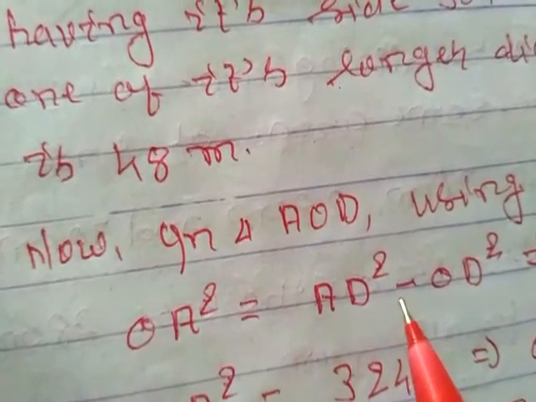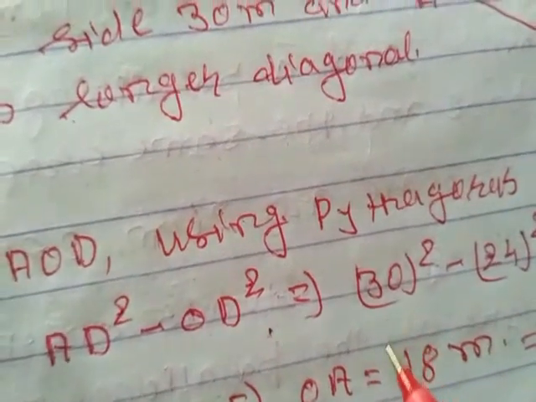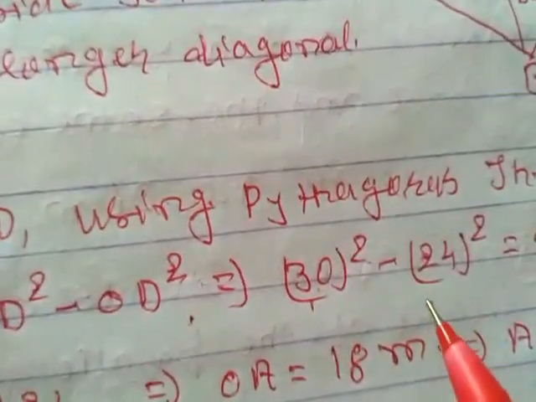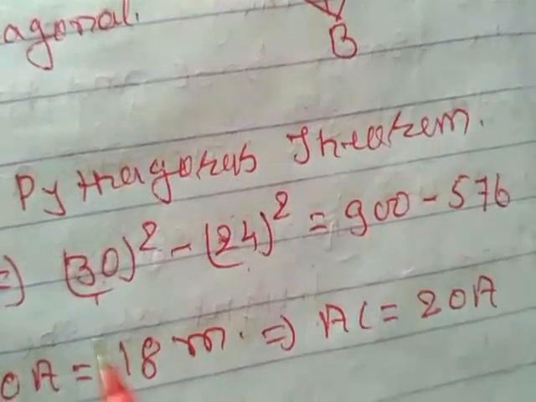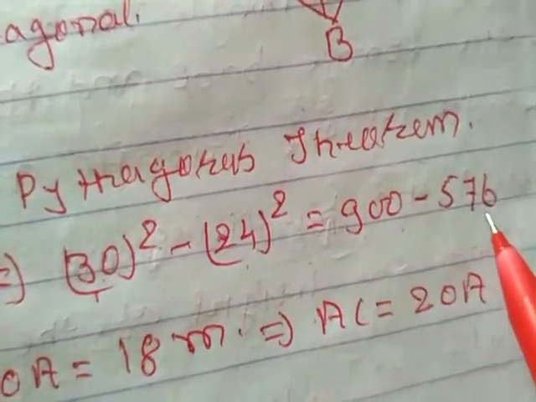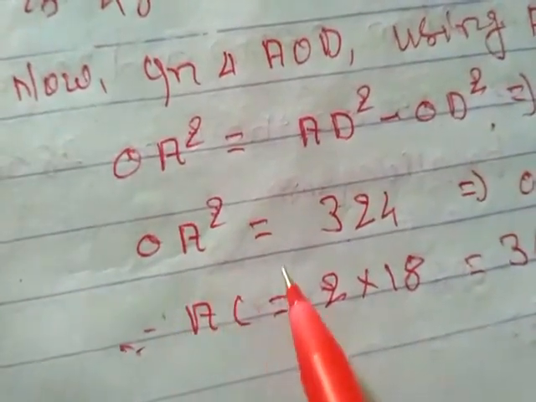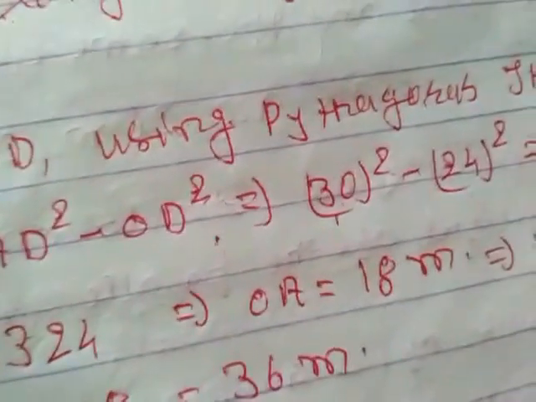AD was 30, so 30 square minus 24 square, which is 900 minus 576. So OA square equals 324. On further solving, OA equals 18 meter.